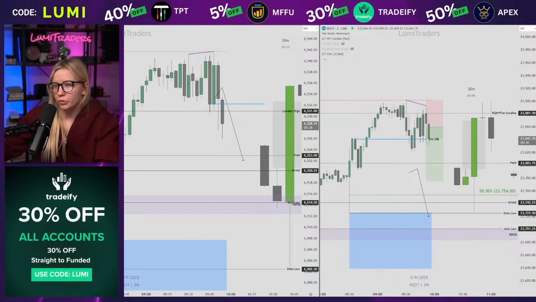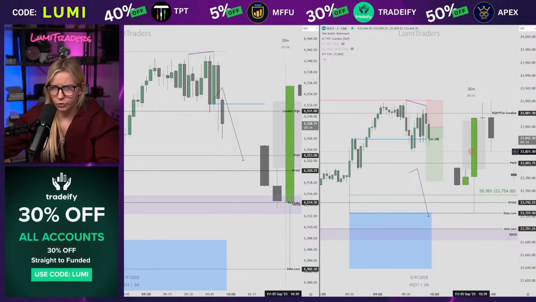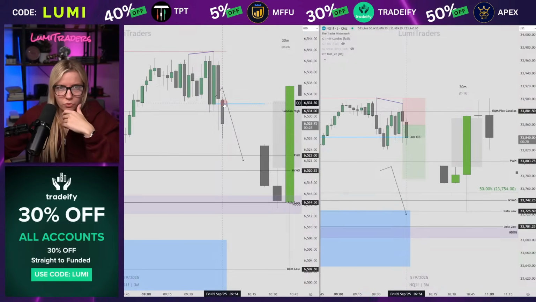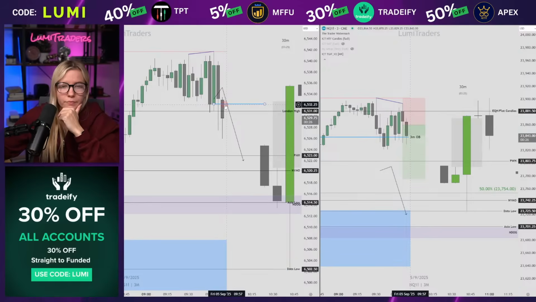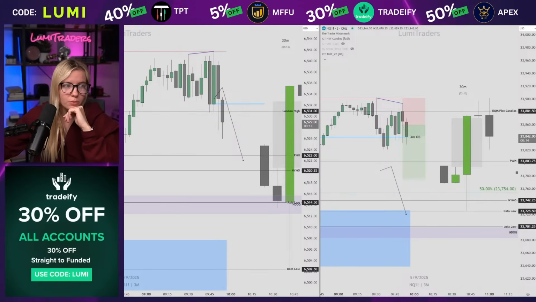MNQ, what are you doing? Let me check. It's pretty similar. Okay, to NQ. Sometimes it's different. Okay, 30 seconds left on this candle. Let's see where we're going to close. Trump speaks at 11, someone said. I'm going to check this information right now.